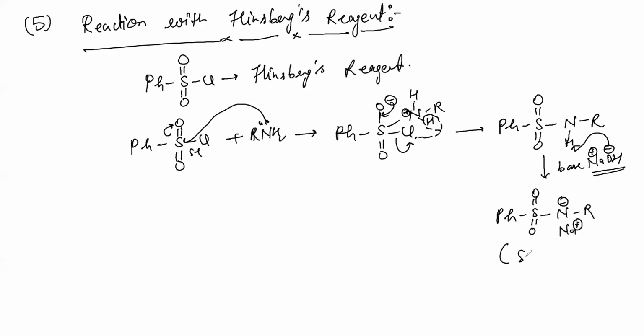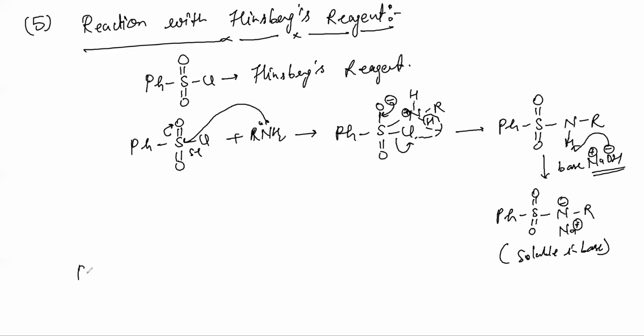That means it will be soluble in base. First of all, we treated RNH2 with benzene sulfonyl chloride, PhSO2Cl. Because of this reaction, we got a compound which is soluble in base.